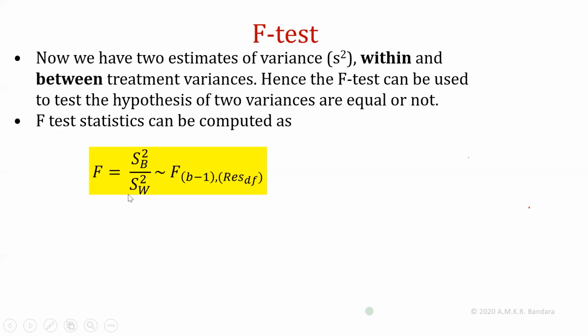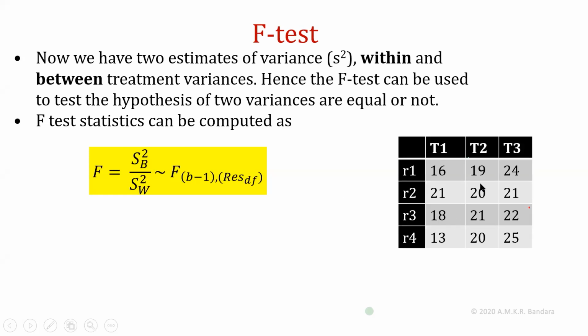This statistic is distributed as an F distribution with, if there are B number of groups we used to compute this between treatment variability, degrees of freedom B minus 1 and residual degrees of freedom. We will see how to find those degrees of freedom.